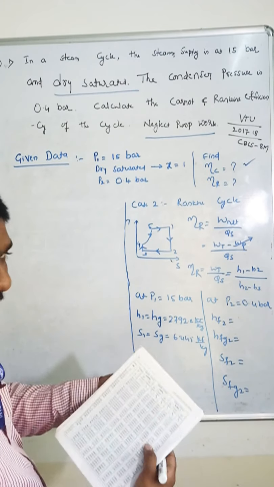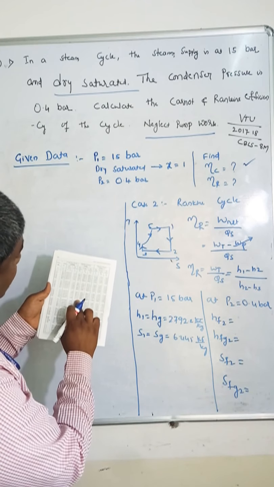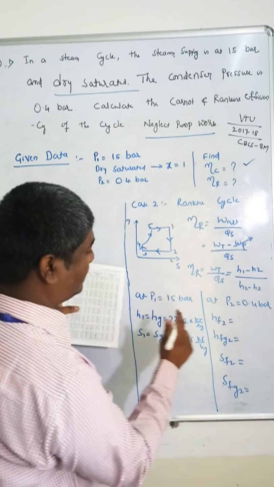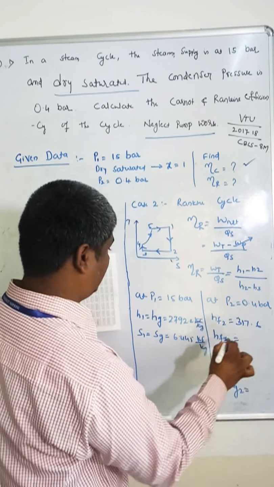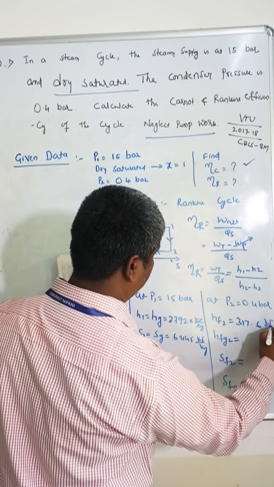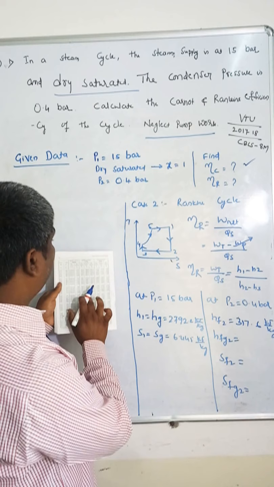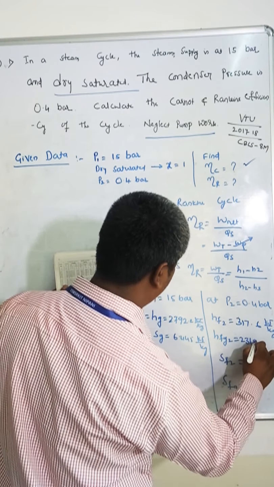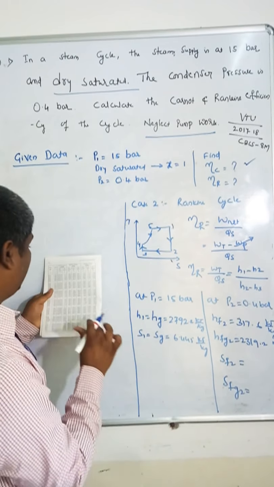0.4 bar is here. All of you look here. At 0.4 bar, HF is 317.6 kilojoules per kg. HFG is 2319.2 kilojoules per kg.